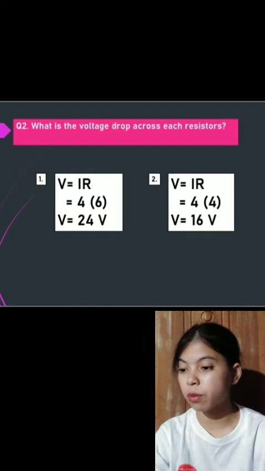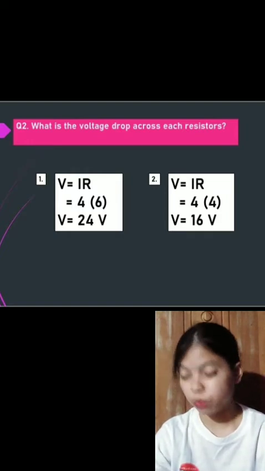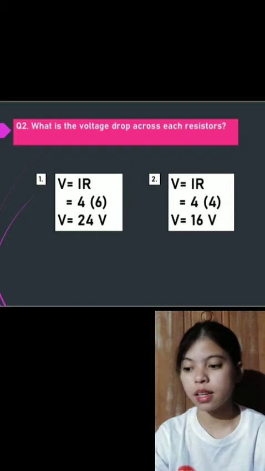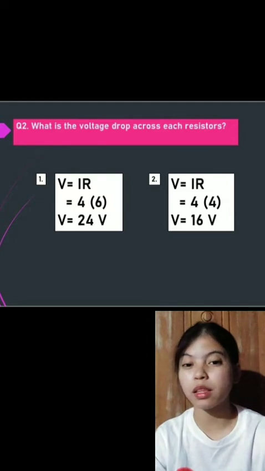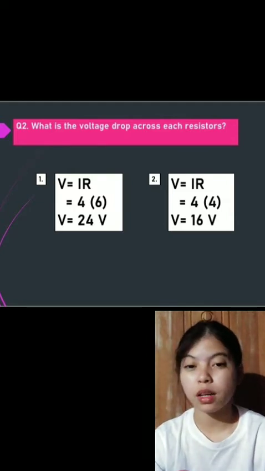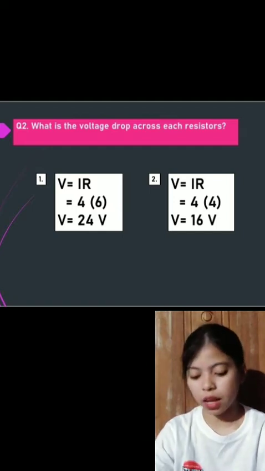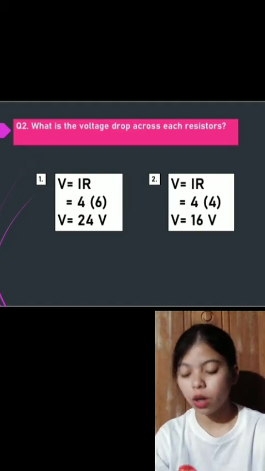So V equals I times R, so 4 times 6, so we will get a voltage of 24 V. But do not forget to write its symbol.